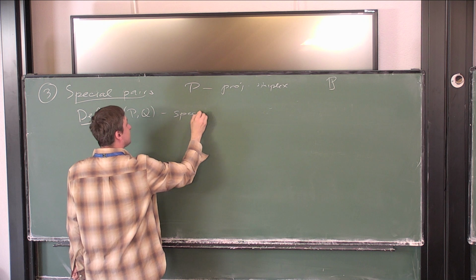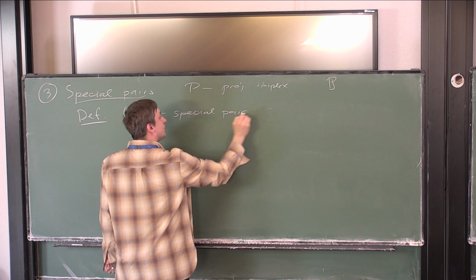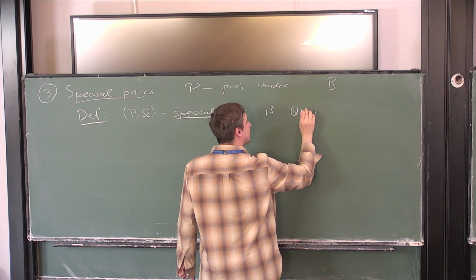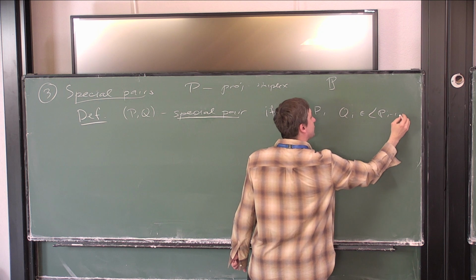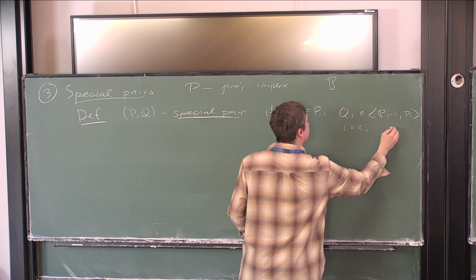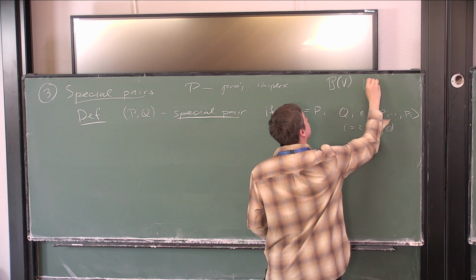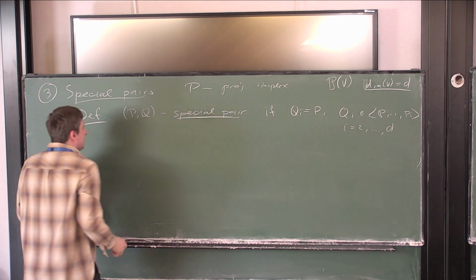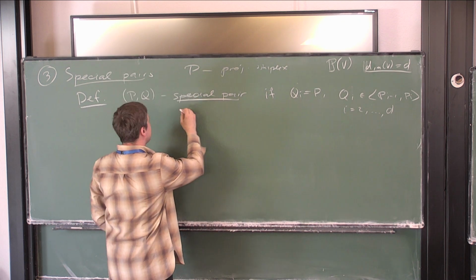So it's a special pair if Q1 is P1 and Qi lies on the line between two consecutive P's, where i equals 2 up to d, and we live in projective space over V, and the dimension of V will always be d. In the paper it's called Coxeter pairs, but for the talk it doesn't matter.